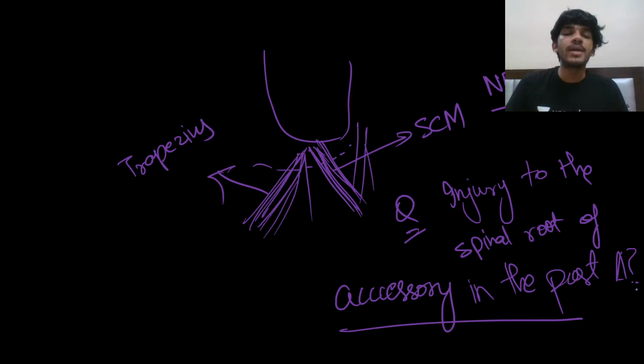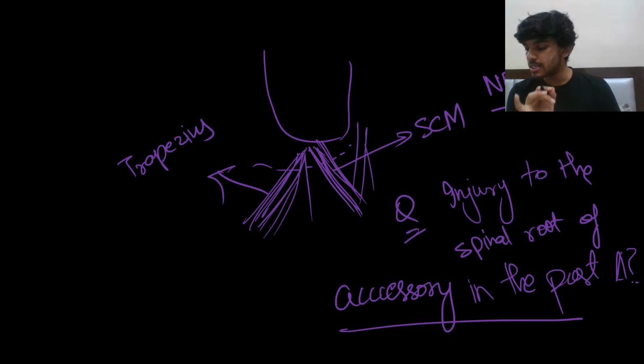If I have to make it more complex, I will ask you what actions will be affected. But if I have to make it a little simple, I will ask you which muscles will be affected. So you have to tell me the muscle which will be affected by an injury to the spinal root of accessory in the posterior triangle.